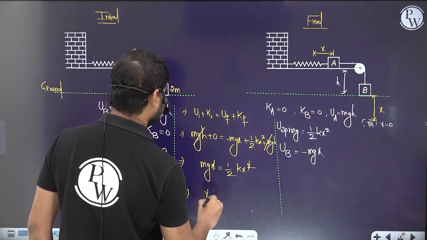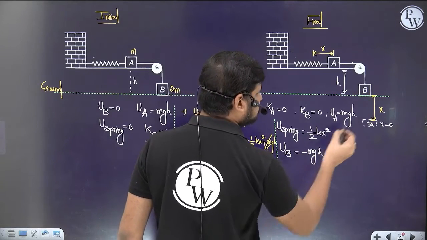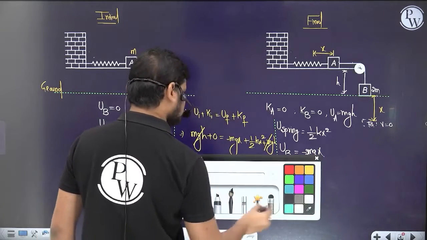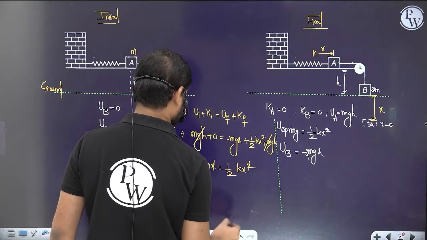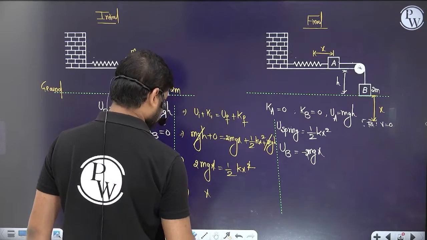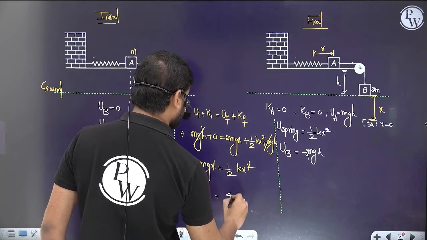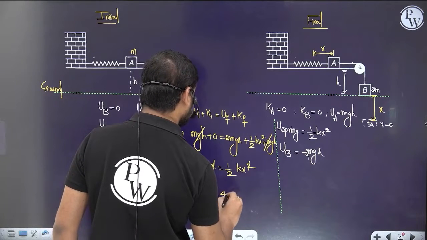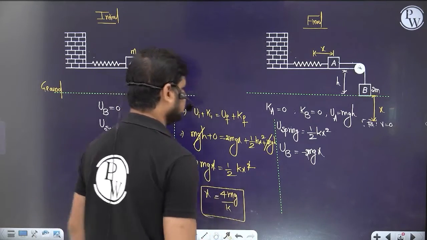Sorry, this is 2mg, guys, because this block's mass is 2m, so it is 2mgx. So 2mgx is equal to half kx square. Now x is equal to 4mg by k. Yes or no? So this is 4mg by k, the x value. That's it, this is the maximum elongation.